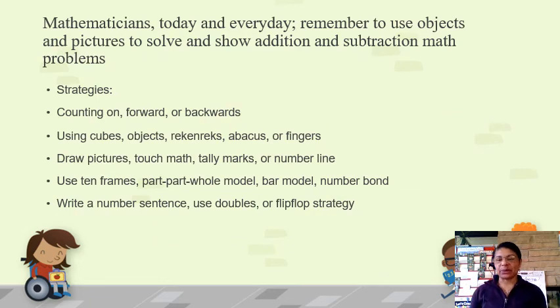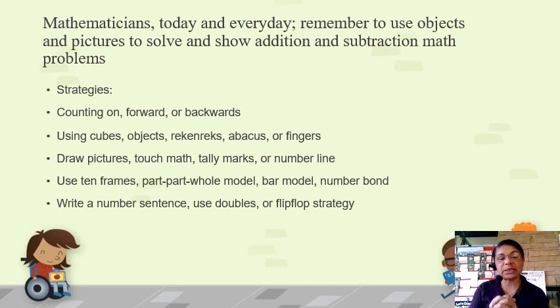Okay, so today, what did we cover as mathematicians? Well, we just reviewed a lot of the different strategies we could use to solve math problems. So, mathematicians, today and every day, remember to use objects and pictures to solve and show addition and subtraction math problems.